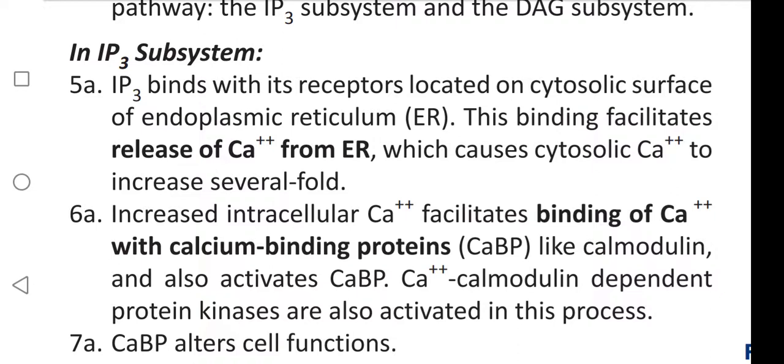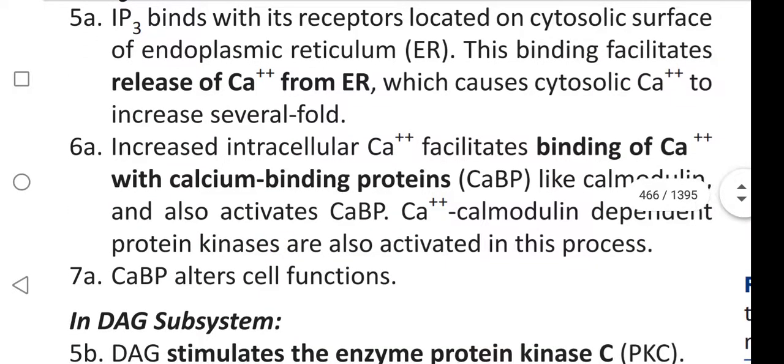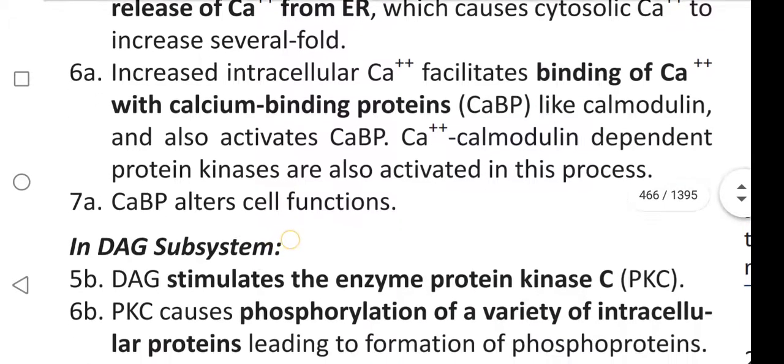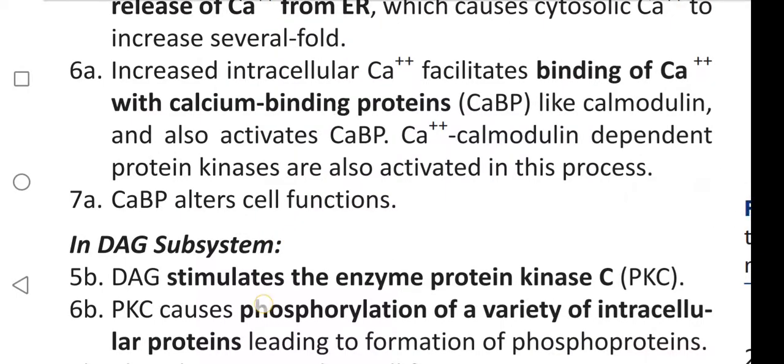Increased intracellular calcium facilitates binding of calcium with calcium binding proteins like calmodulin. Calcium-calmodulin dependent protein kinases are also activated in this process. Calcium binding protein alters the cell functions.